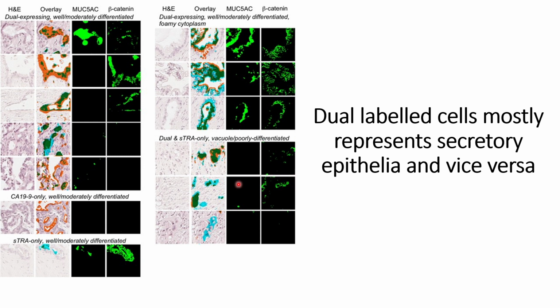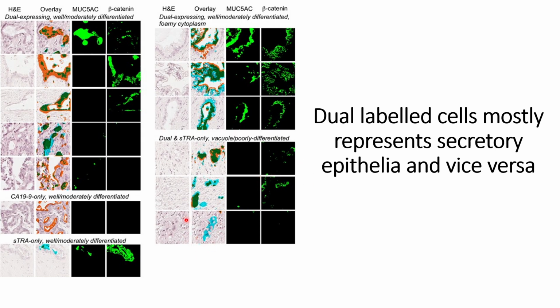The same is true for the second case, where in the poorly differentiated cells CA19 and sTRA are both present, but there are very few overlap regions, and in terms of these proteins, MUC5AC's presence is very low compared to beta catenin.